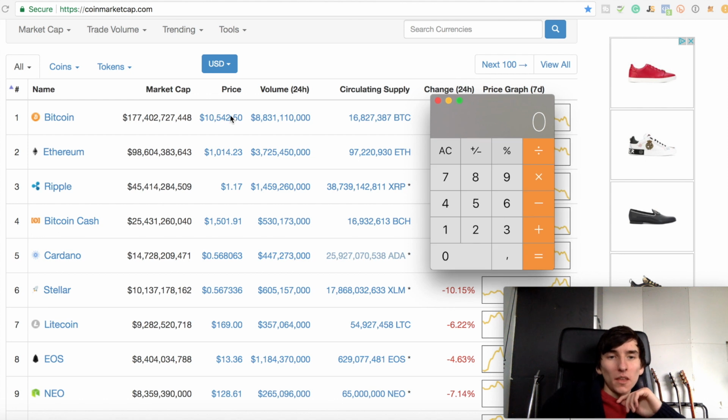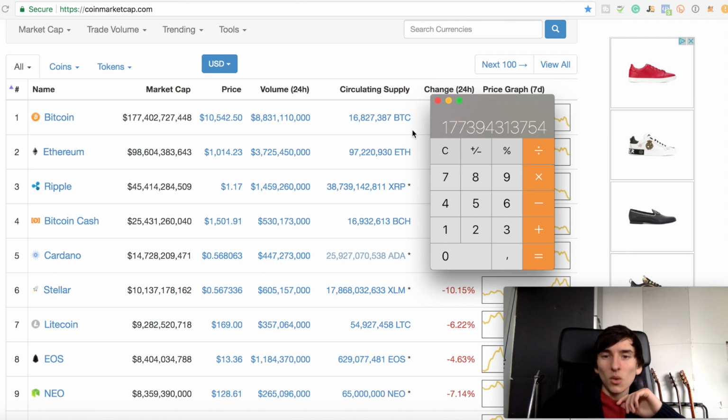So we take the price, $10,542, and we multiply that by the circulating supply, which is 16.8 million. Let's see here. There we go.